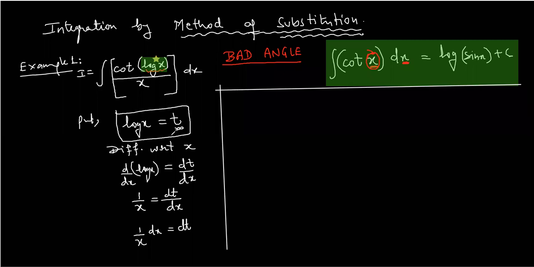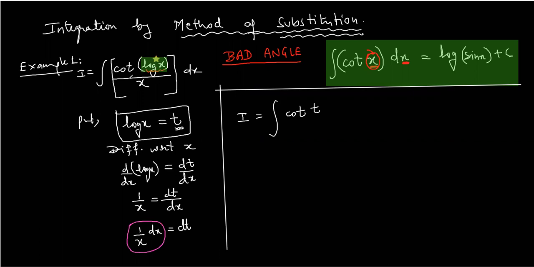So students, after doing this much, see what I do. I now write the new integral after substitution. The new integral will be I equals cot t. See, it was cot log x, now cot t. What more? See this: 1 upon x dx is dt.